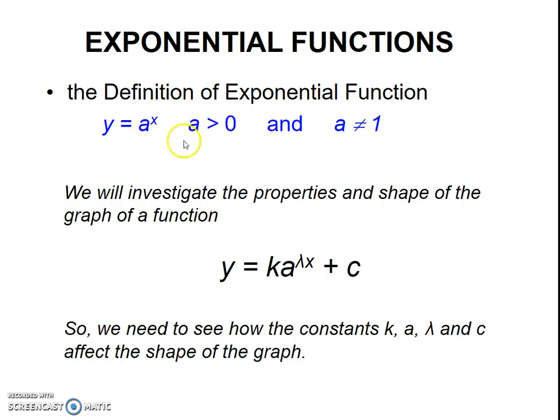You can investigate that yourself a bit more, why that's not possible. And a does not equal 1 because 1 to the power x is always equal to 1, so you'll have a horizontal line, y equals 1, if a equals 1. So it's got to be greater than 0 because negative numbers are not possible. 1 is possible, but it's not an exponential function, it's a linear function.